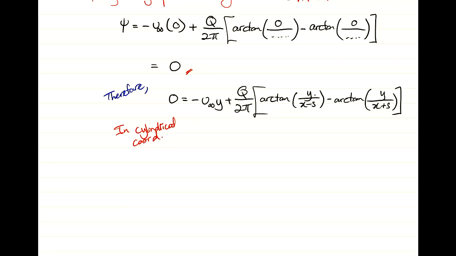Now in cylindrical coordinates, and I'm going to bring this term to the left-hand side. So I'm going to get u infinity y equals q over 2 pi. Okay, and the arctangent terms are just theta a minus theta b.